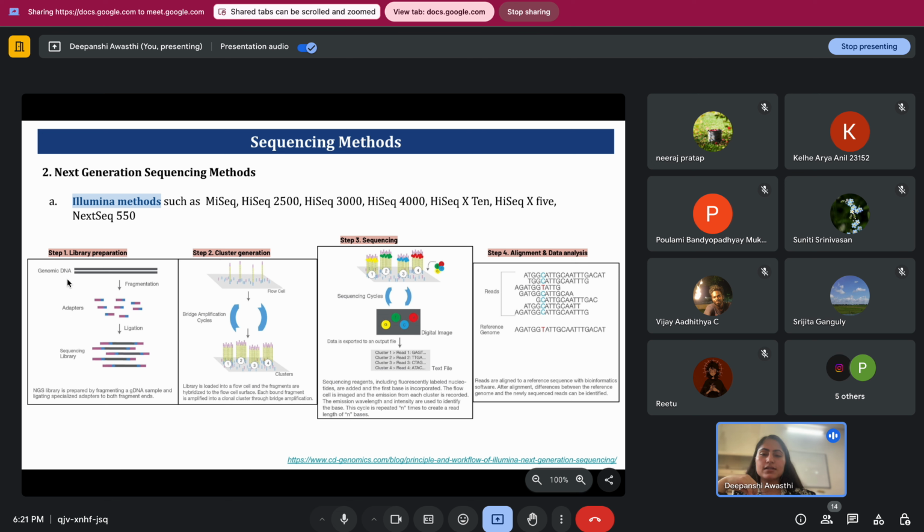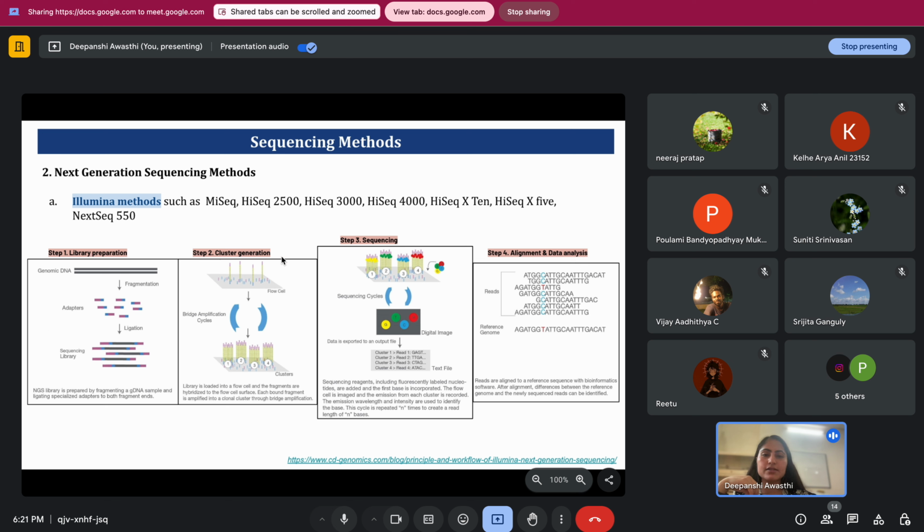Firstly the DNA is converted to single stranded form, and then we fragment it because it is a long sequence. After fragmentation we attach adapters on both ends of the fragments made from the genomic DNA. Now the sequence library is prepared. So the first step is library preparation.